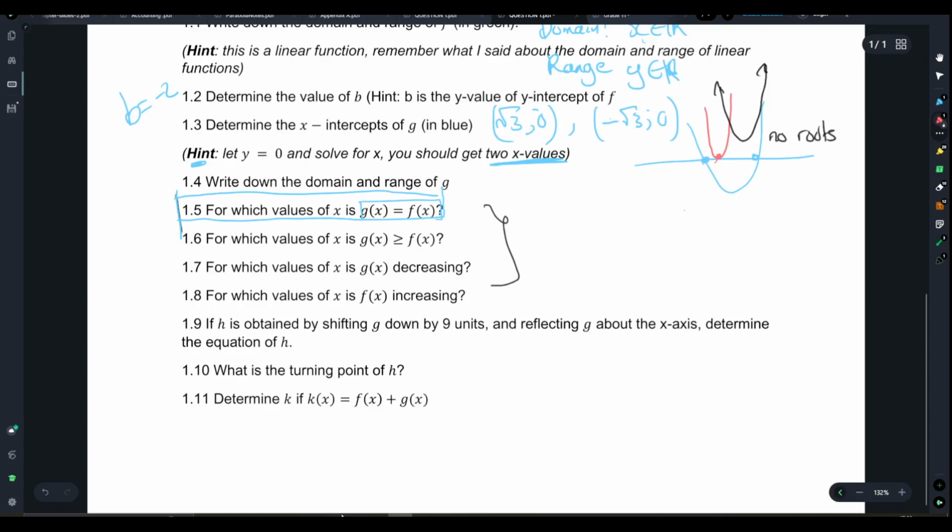I'm going to distribute. Minus 3x squared plus 9 is greater than 3x minus 2. I'm going to do what I did at the top, plus 3x squared. It should be minus because we want 0.